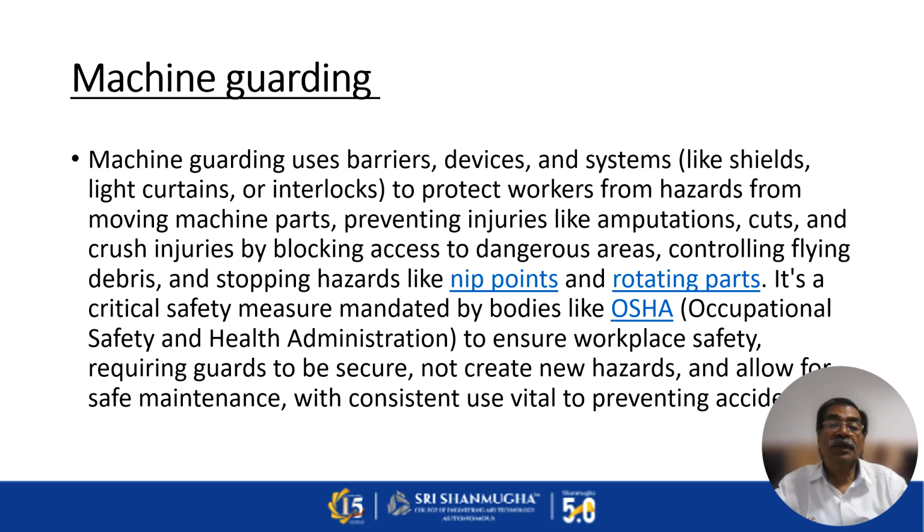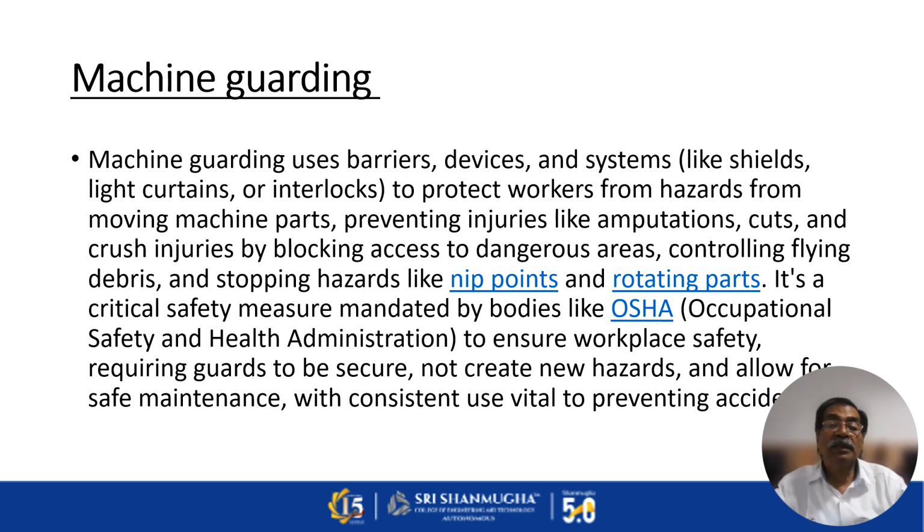Next we'll see machine guarding. Machine guarding consists of barriers, devices and systems like shields, light curtains and interlocks to protect workers from hazards from moving machine parts, preventing injuries like amputations, cuts and crush injuries by blocking access to dangerous areas, controlling flying debris and stopping hazards like nip points and rotating parts.